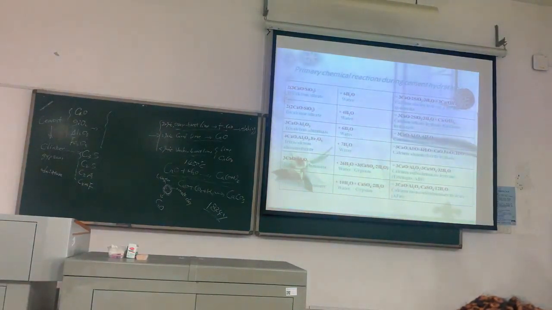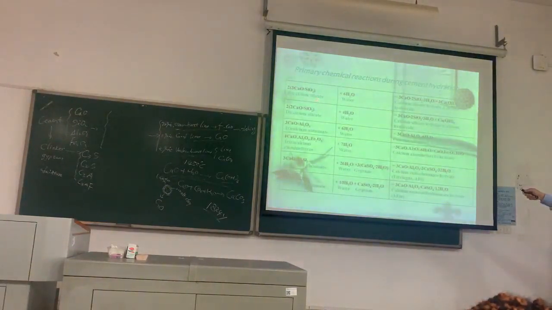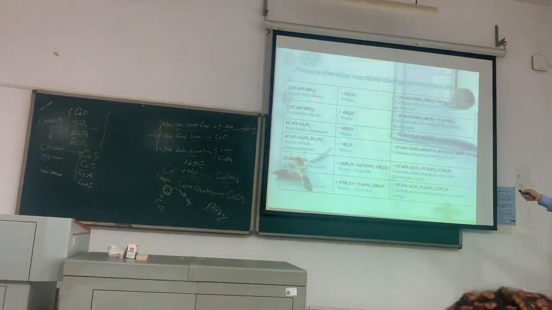And then we have known about how the strength of the cement is developed. At the early stage, maybe 7 days, 1 week, or 4 weeks, the strength of the cement mainly comes from the reaction of C3A.